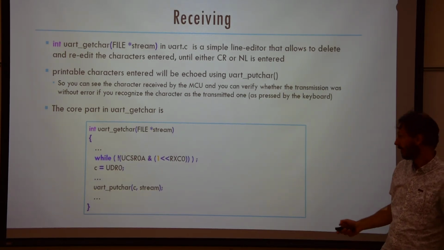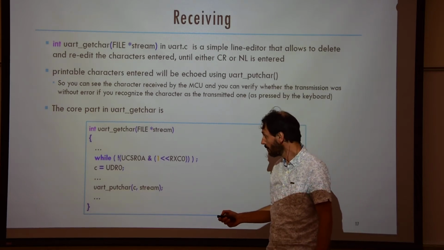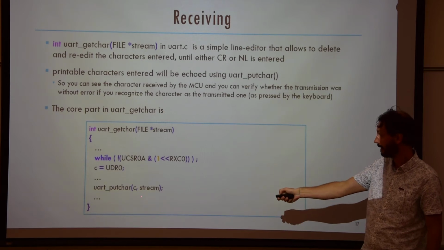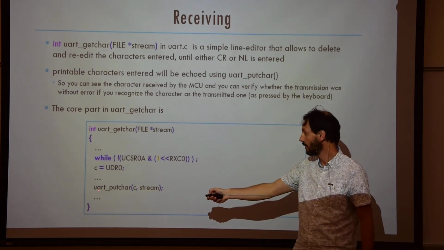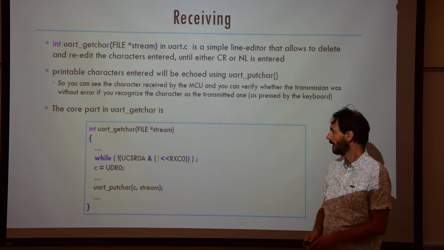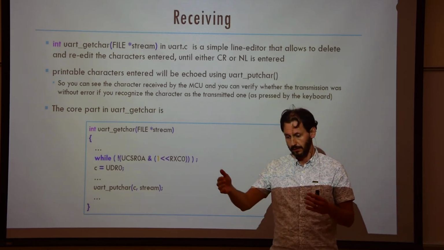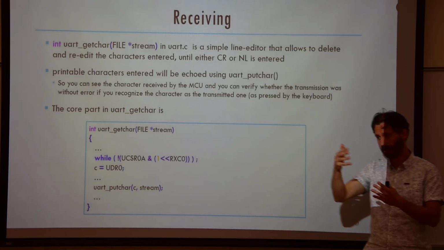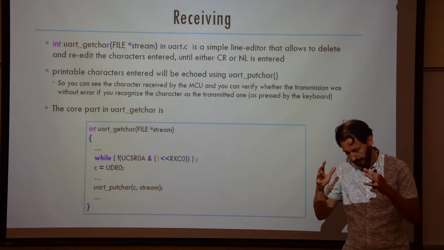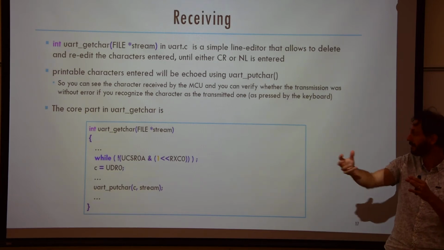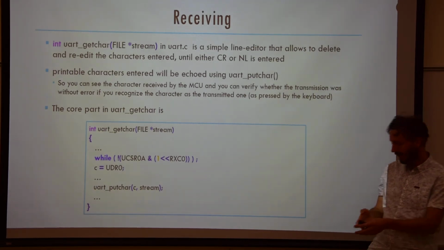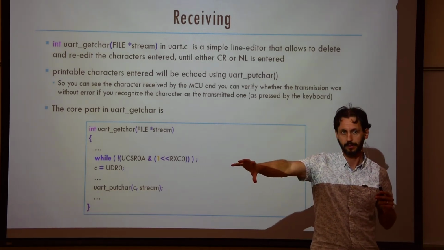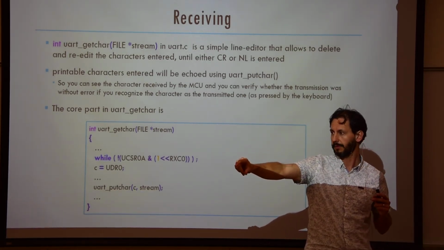Okay, so what we have done is we have programmed this particular functionality by including a UART put character. Why do we do that? Well, if the UART is receiving, if the MCU controller is receiving a character, I'm going to echo it back by putting it back to the laptop, and I will see it printed on my laptop.